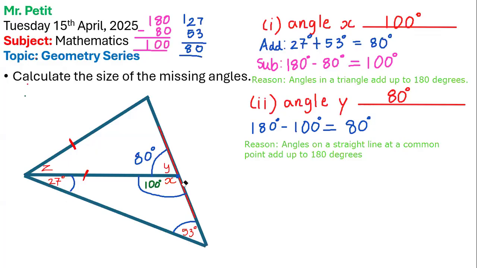Angles on a straight line at a common point must add up to what? 180 degrees. And so we say 180 minus 100, and that gives us 80.